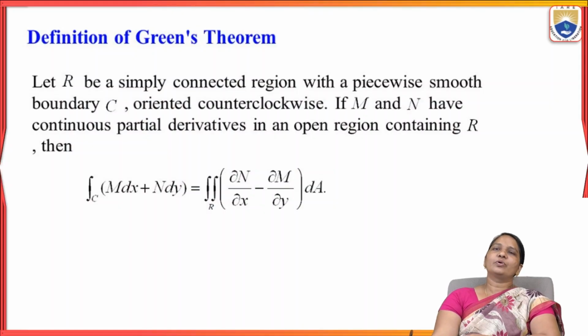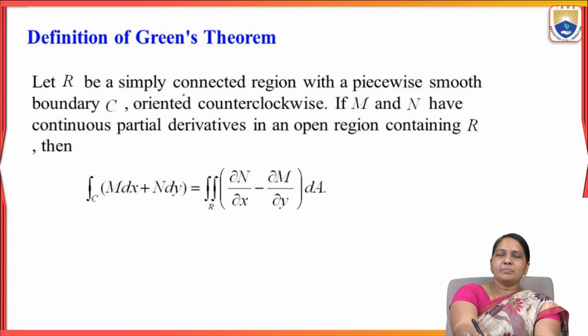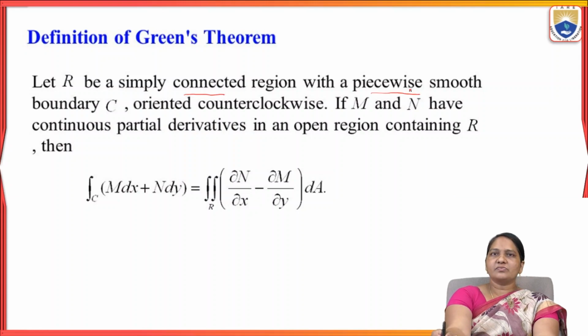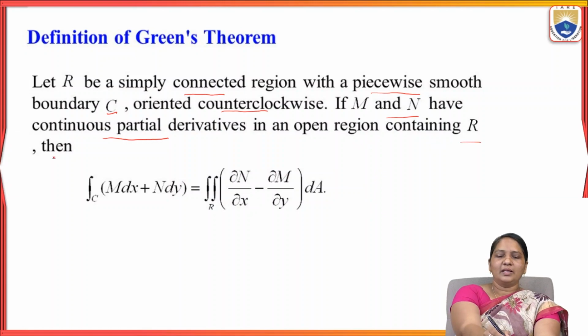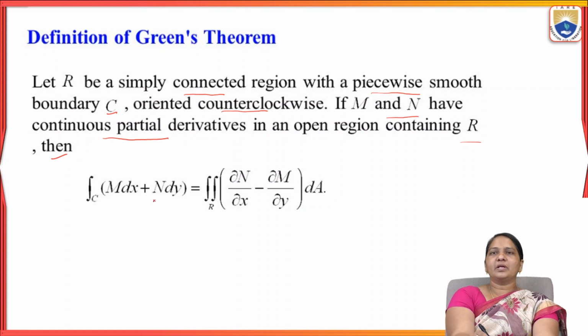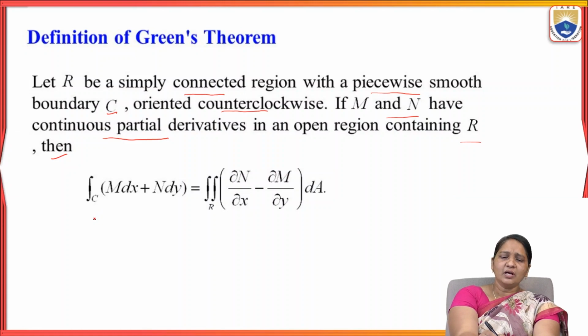First of all, we should know the statement or definition of Green's theorem. Let R be a simply connected region with a piecewise smooth curve C, oriented clockwise. If M and N have continuous partial derivatives in an open region containing R, then integral M dx plus N dy equals double integral over R of dou N by dou x minus dou M by dou y dA.